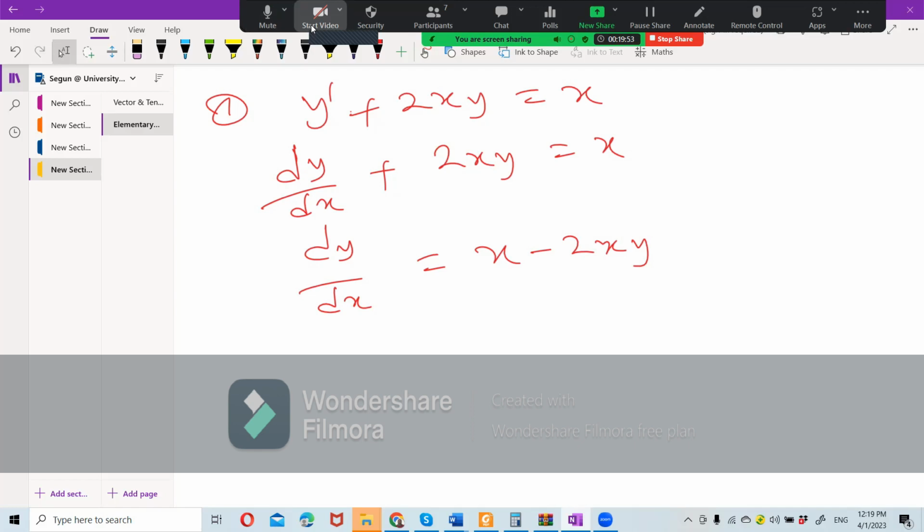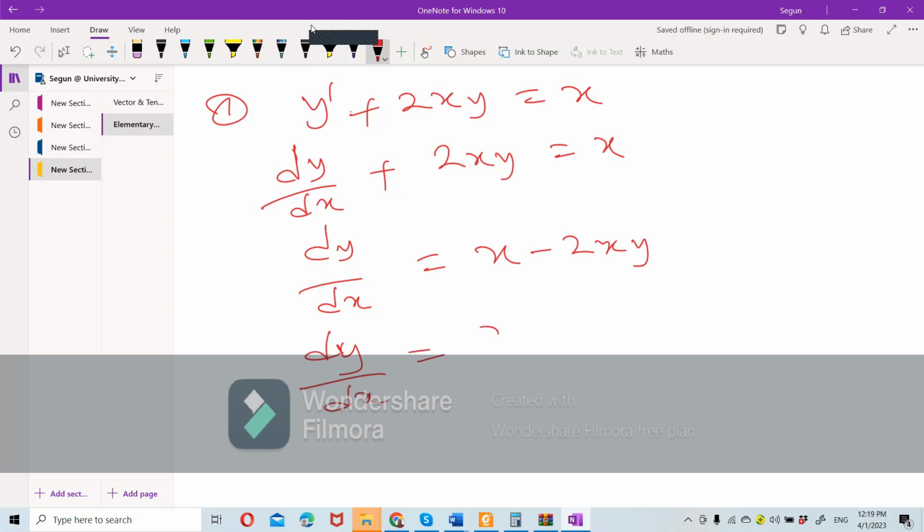So we have dy/dx to be equal to, x is common, so in this case, what do we do?